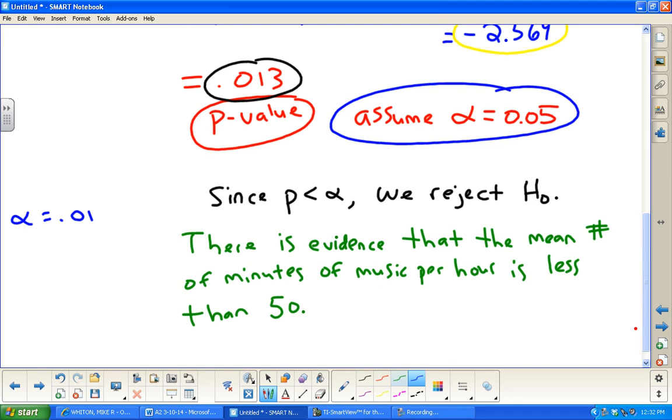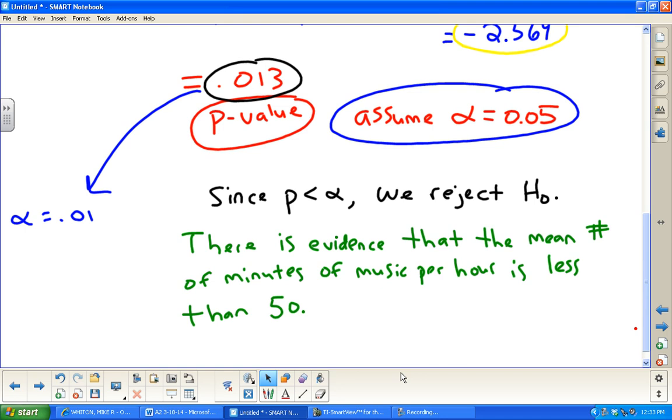If we use that alpha for our problem, our p-value is greater than that significance level. So if that was the alpha given as 0.01, then we would not reject, because our p-value is greater than that significance level. So it's kind of like this fine line, and you just have to determine how strict you need to be. But again, since they didn't give us anything, we use the common one of 0.05.